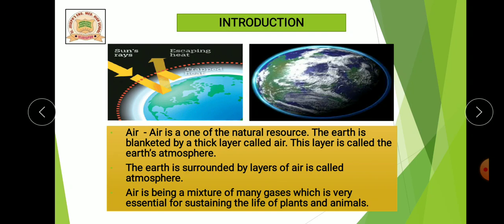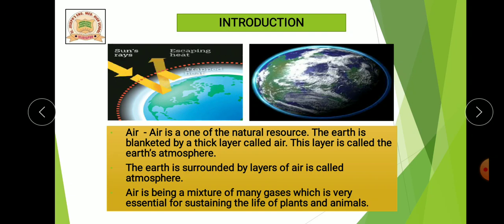We know that we can survive without food and water at least for a few days, but without air can you breathe? No. We can survive only for a few minutes or seconds. So we can say that air is one of the most important or essential needs of all organisms on the earth.